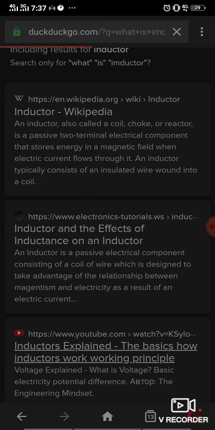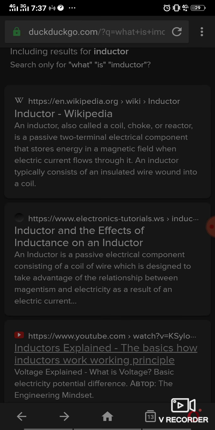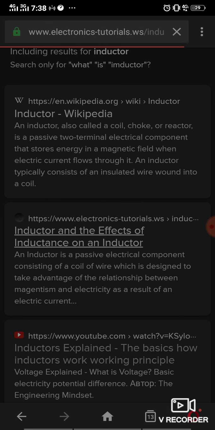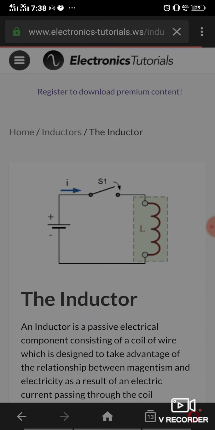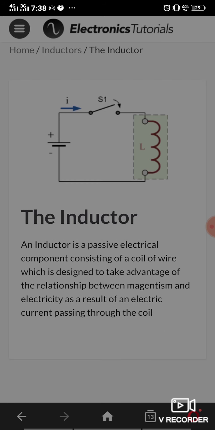We go back from this and learn from the electronics tutorial.